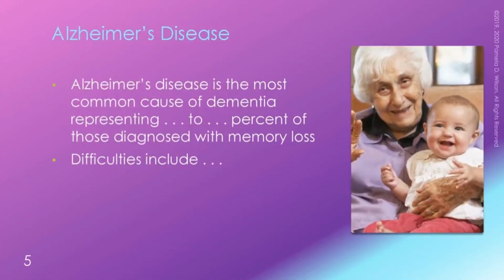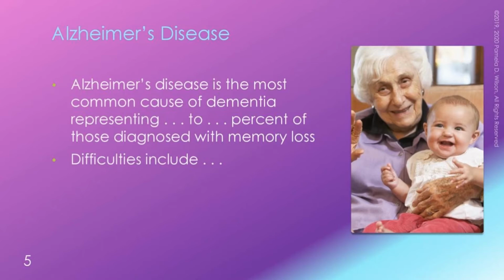Alzheimer's disease. According to the Alzheimer's Association, it's the most common type of dementia, representing 60 to 80% of those diagnosed with memory loss. Difficulties, we've talked about these: short-term memory loss, difficulty remembering names, events, word finding, poor judgment, and inability to make decisions.